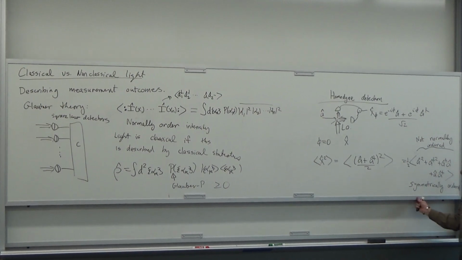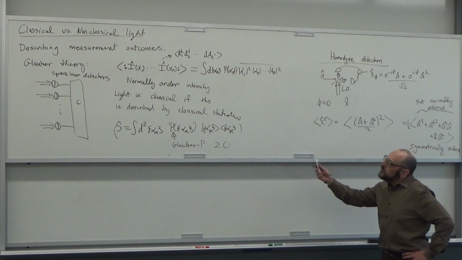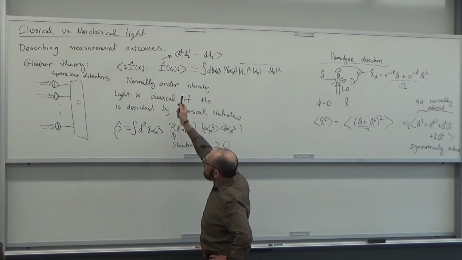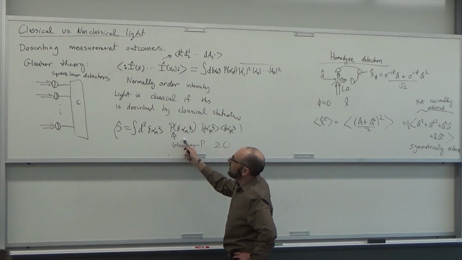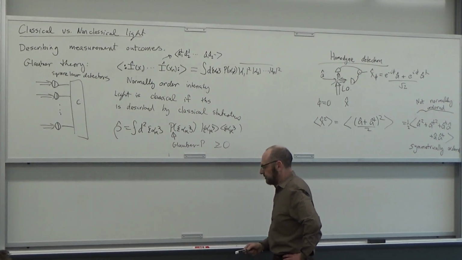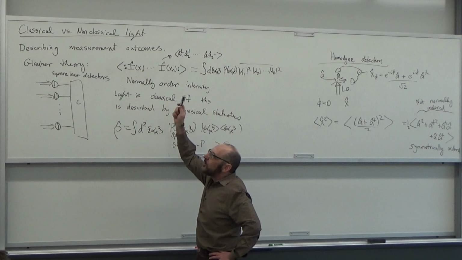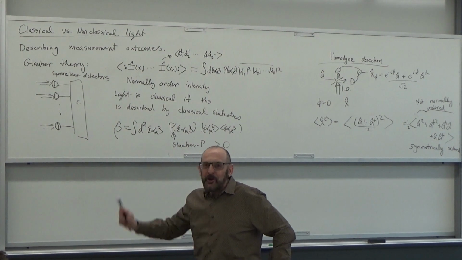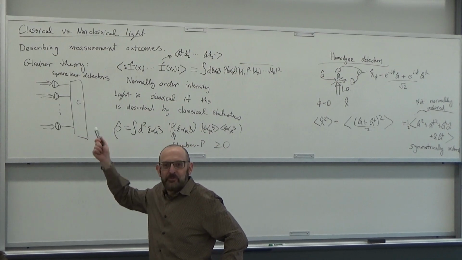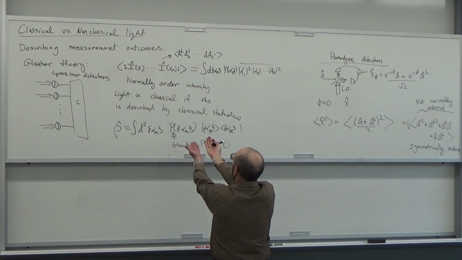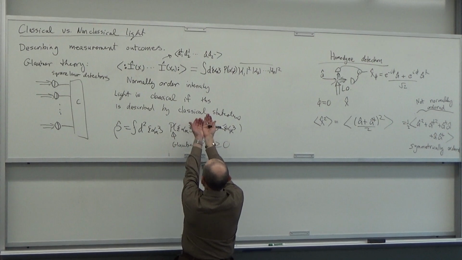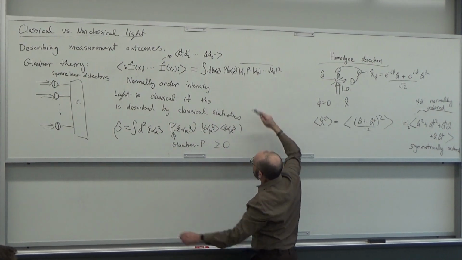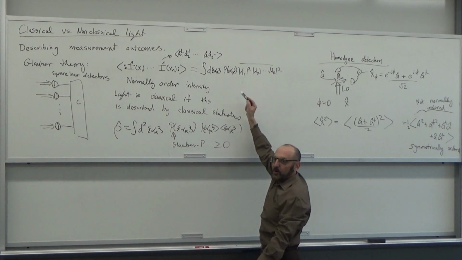So the relationship between statistical averages over the P representation and the quantum mechanical expectation value required normal ordering. Those two go hand in hand. I take the expectation value of this, and then all the A's turn into alphas, all the A daggers turn into alpha stars.